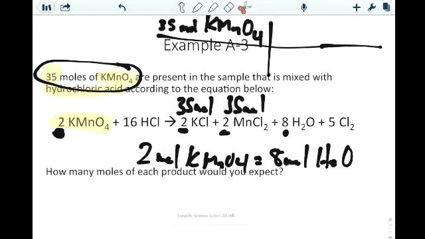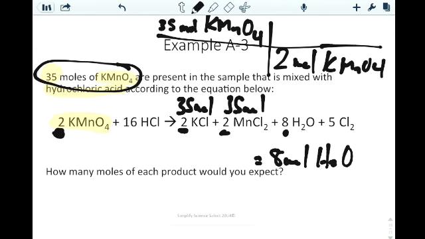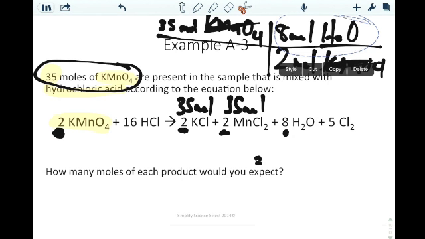And then all we would do is, for dimensional analysis purposes, we put that on the bottom because that cancels that unit, and then put the other part on top. So all you would have here is 35 times 8, all divided by 2, and that will give us right around 140 moles of water.